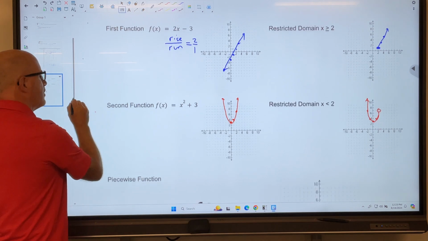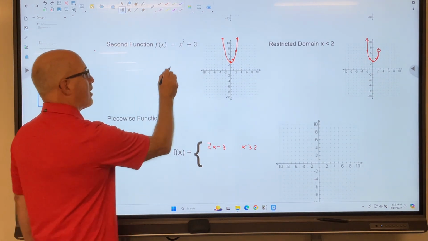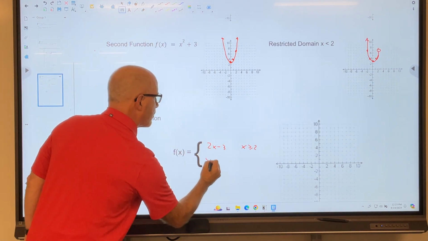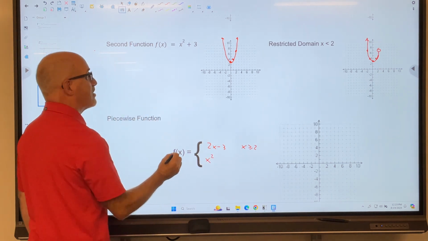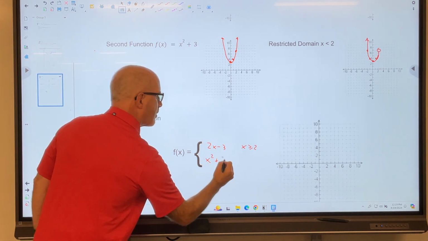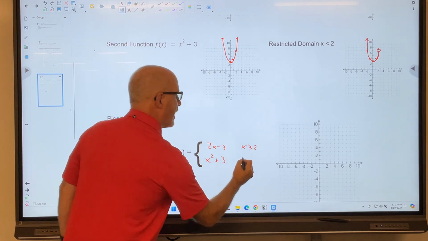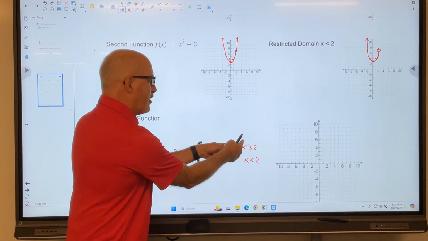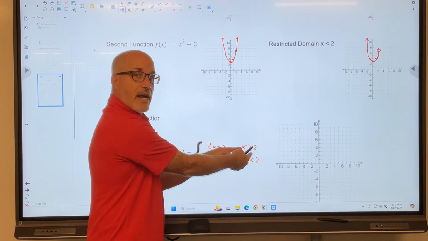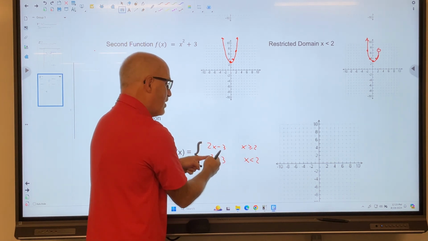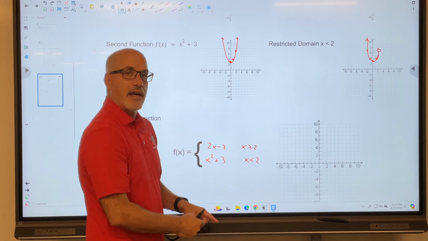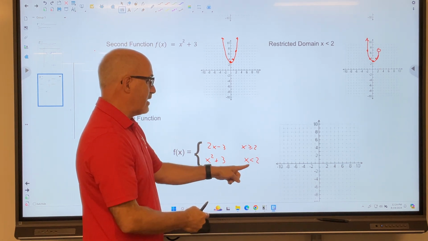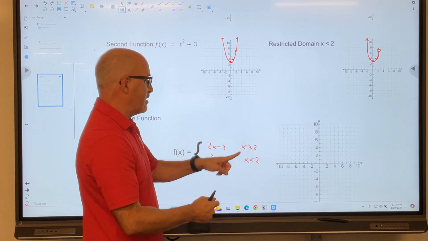And if I want to do the second part of the piecewise function, the second rule, so you have 2 pieces to it, x squared plus 3 for x less than 2. This just tells me to use this rule when the x values are less than 2.